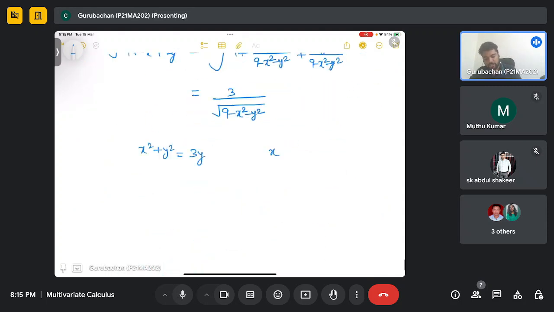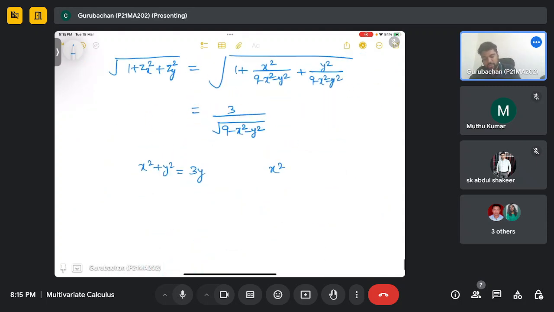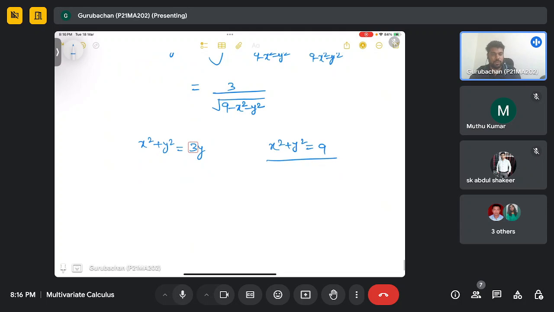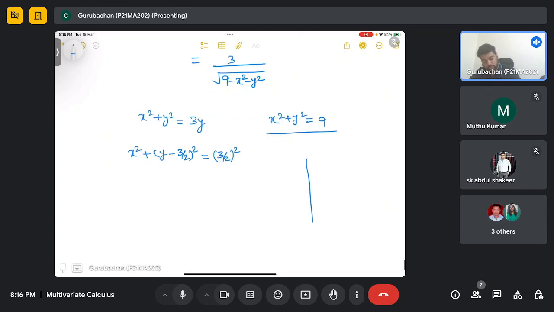On the xy plane, the projection will be x square plus y square is equal to 9. Clearly, this one is the circle with radius 3 centered at origin, while this one is a circle centered at 0 comma 3 by 2 with radius 3 by 2. If you draw it, you will understand what the limits can be.